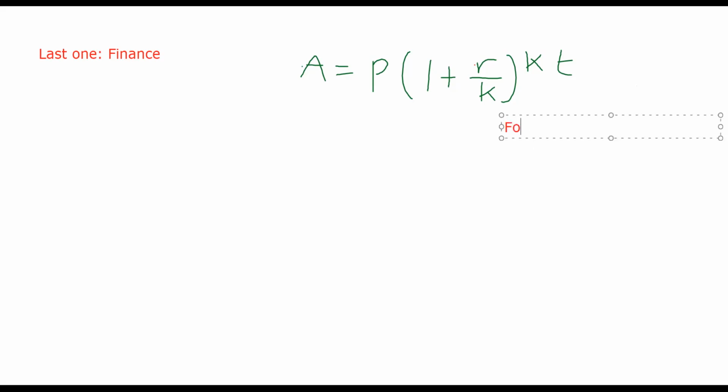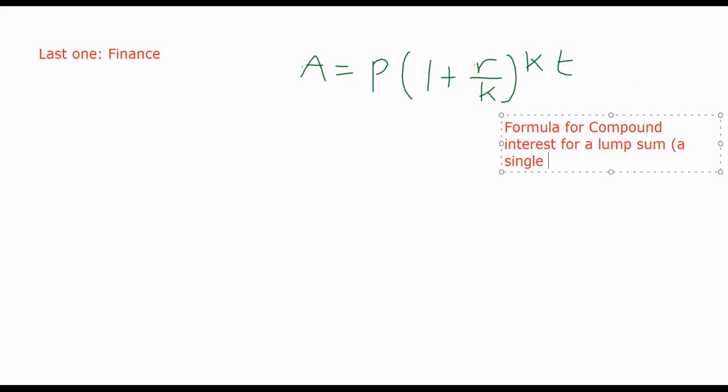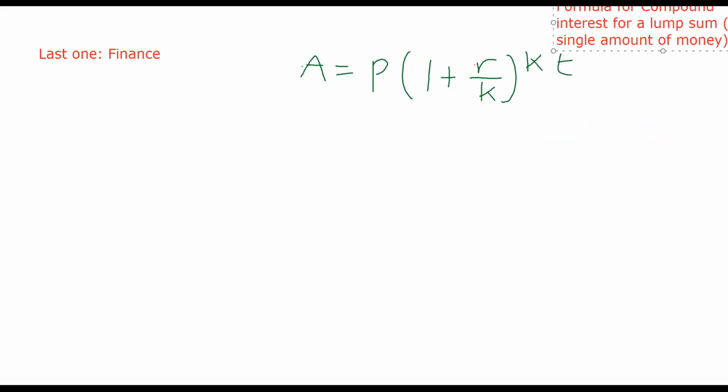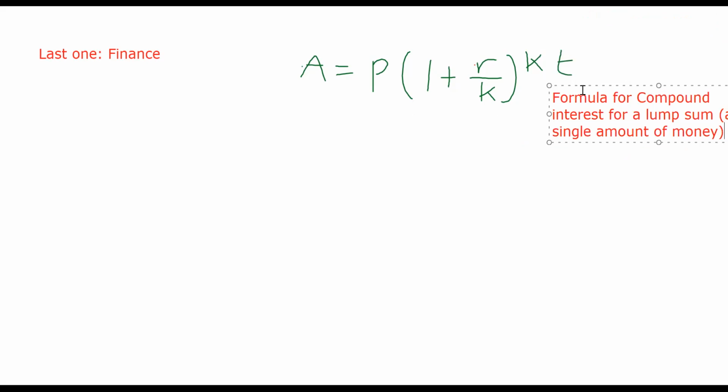This is the formula for compound interest for a lump sum, that is a single amount of money. You can use this formula to compute how much money you will have in an account if you put this much away right now for a number of years, for 6 years, 7 years, 10 years, something like that. How much money will I end up with in the account?